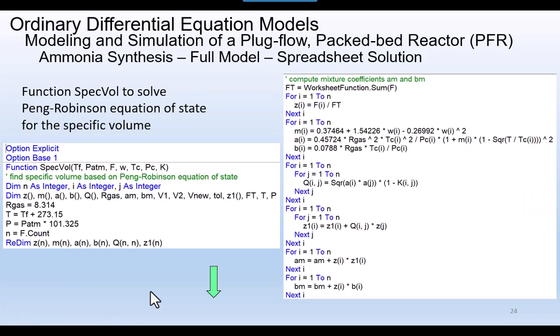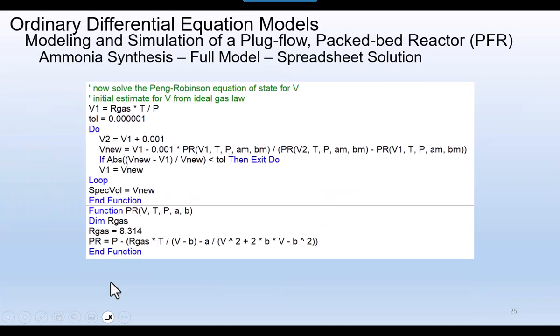And then we've got the specific volume function that solves the Peng-Robinson equation of state for the specific volume and returns that here, and it needs to find the volume that drives the equation of state, pressure minus the equation of state, equal to zero, okay?